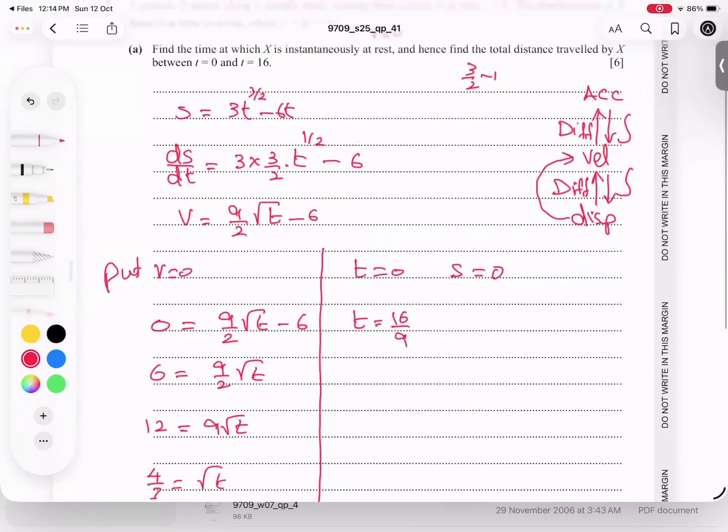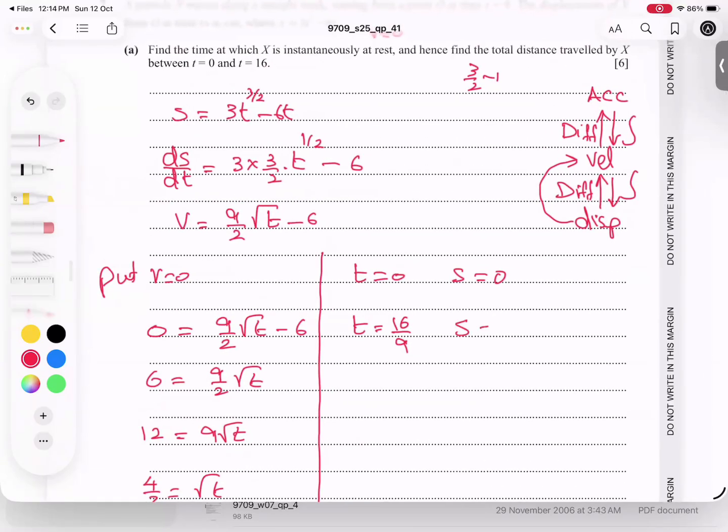So what does s turn out to be? Check it. 3 times 16 over 9 to the power 3 by 2, minus 6 times 16 over 9. I'm going to type this in the calculator: 16 over 9 to the power 3 by 2, and minus 6 times 16 over 9. And we get negative 32 over 9.